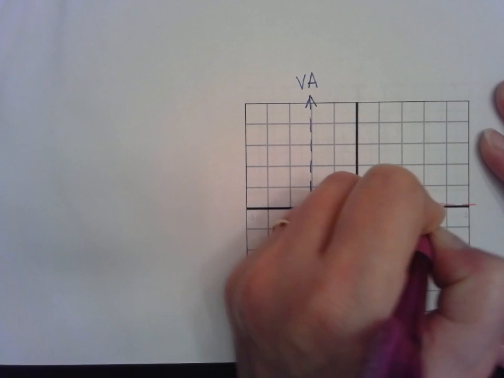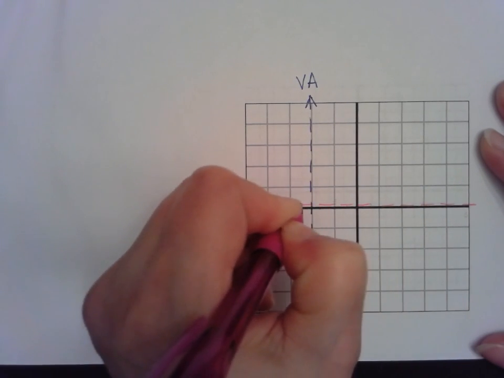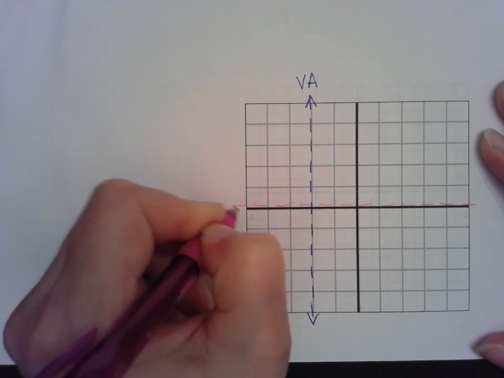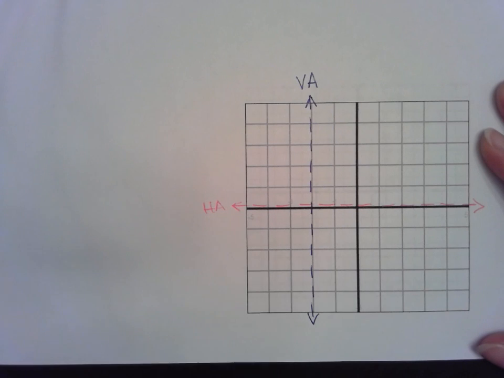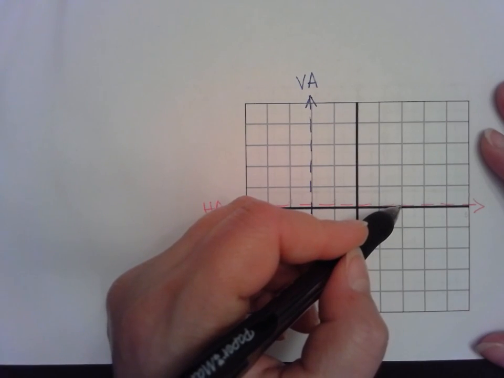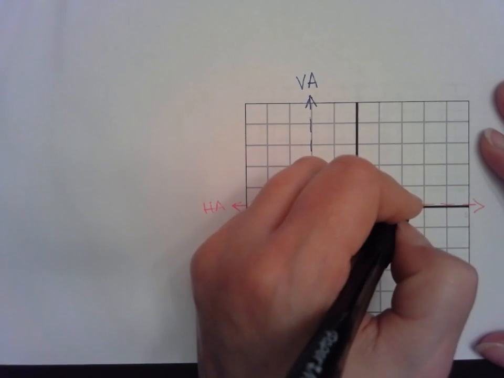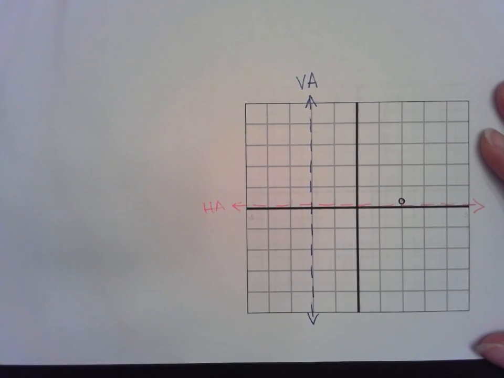So that's right on the x-axis. Okay, and then if you want to go ahead and plot the hole, you could do that. The hole was at 2, 1/4. So that'd be right about here. And it's just a little open circle in the graph.